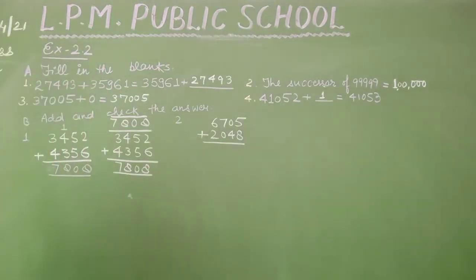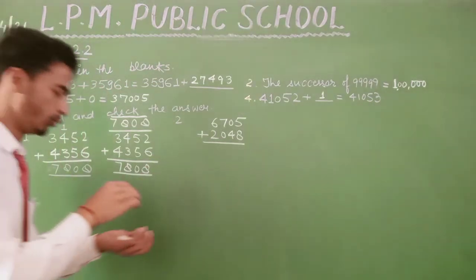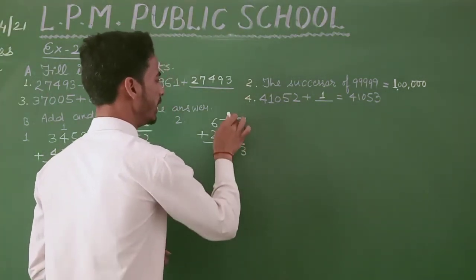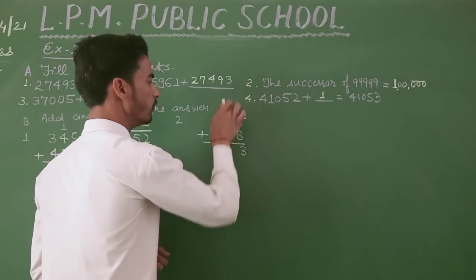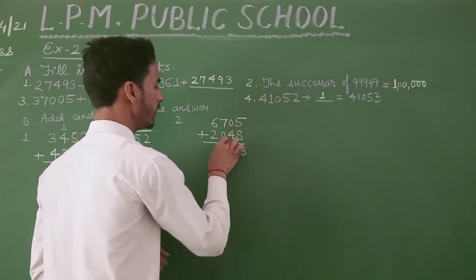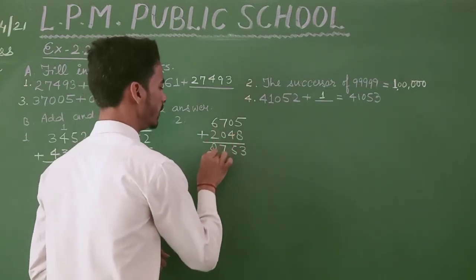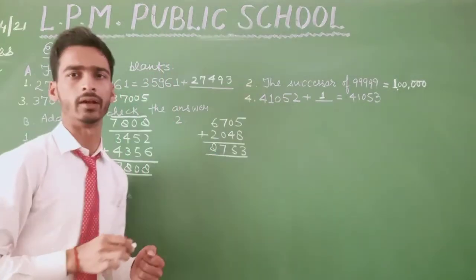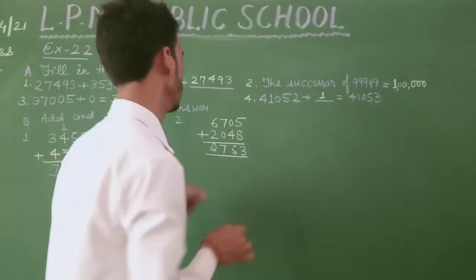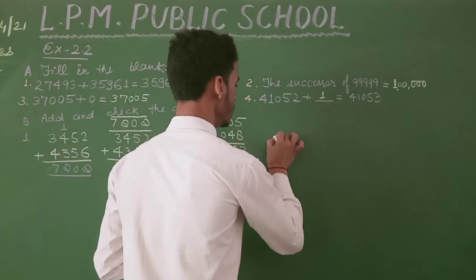When we add, 5 plus 8 is 13, write 3 and carry 1, then 0 plus 4 plus 1 is 5, and 7 plus 0 is 7, and 6 plus 2 is 8, that is 8,753. Now we have to check it. When we check it, we have to add it in reverse order.